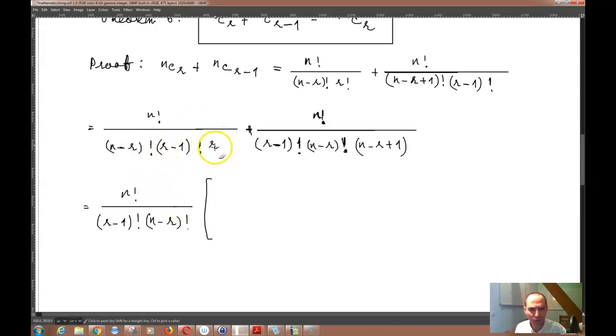So this would be 1 over r, and over here I would have 1 over n minus r plus 1.